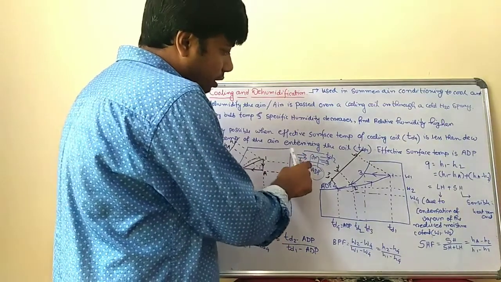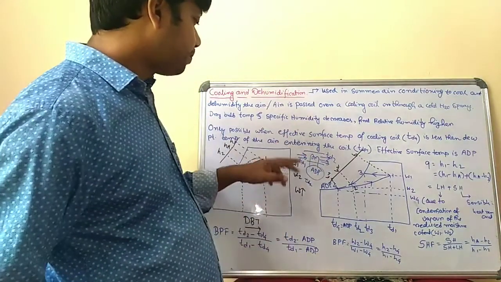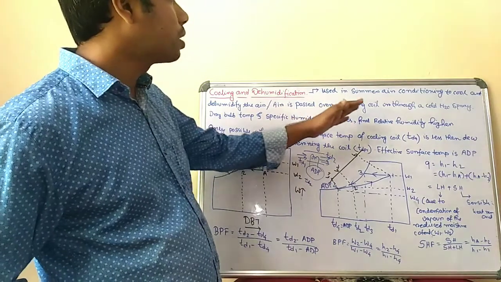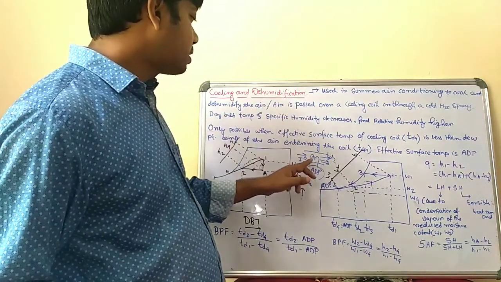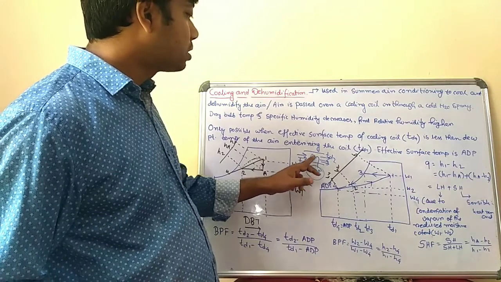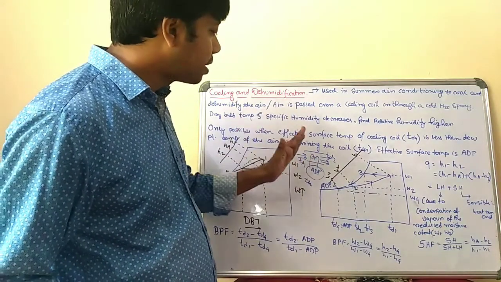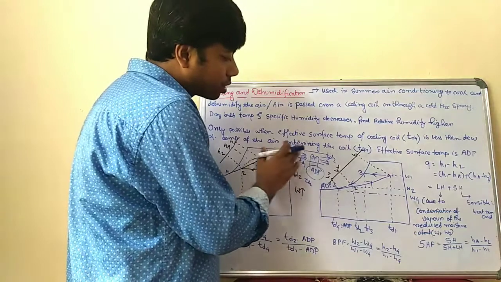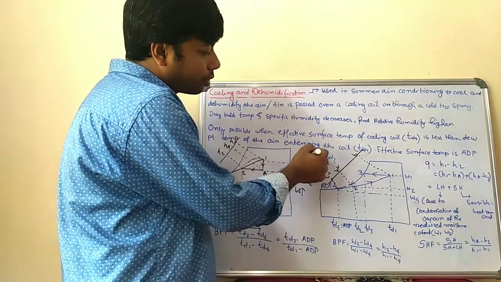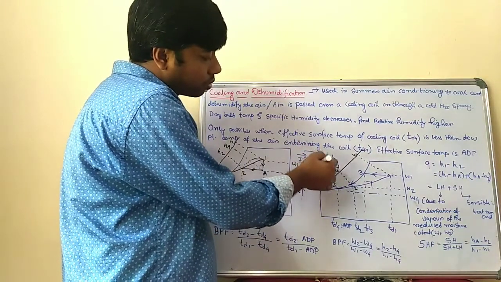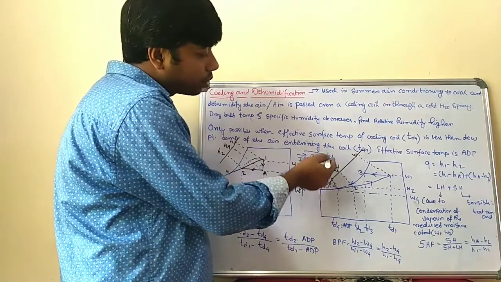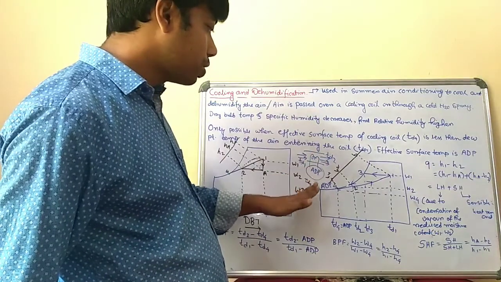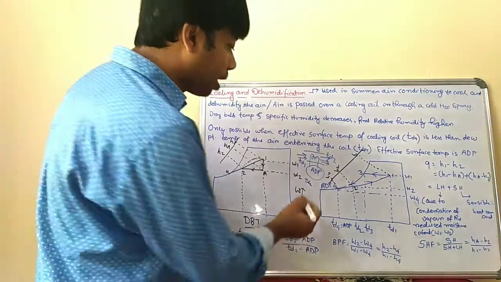So this is the apparatus dew point temperature. Air is passed over a cooling coil through a cold water spray. This is the apparatus dew point temperature, or the cooling coil temperature, where the air enters. When the air contacts this coil, the dry bulb temperature of the exit air is TD2. TD2 is less than TD1.